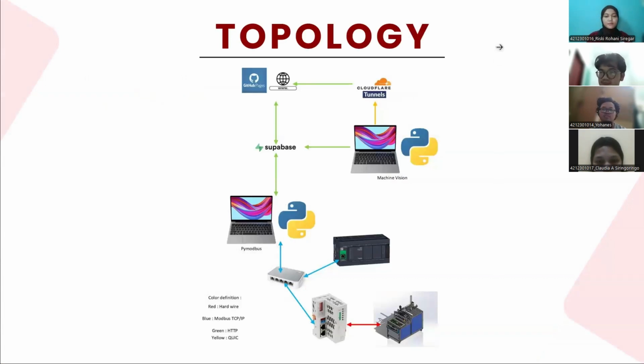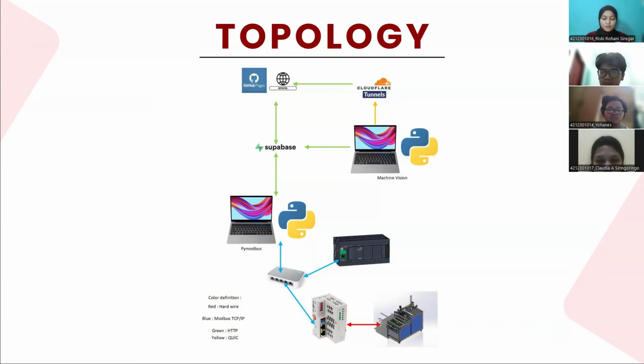Okay, thank you, Febri. So the next topic is the topology of our system. First, from the machine to the bus, we use hardwiring in two-way communication. Next, the bus, PLC and laptop connect to a switch so that the three components can communicate using the Modbus TCP/IP protocol.